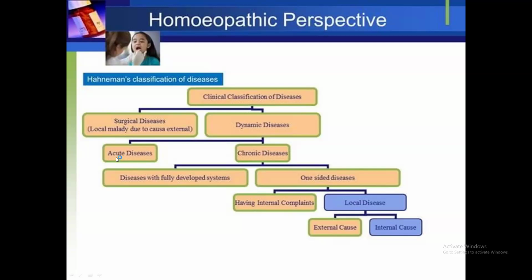Acute disease means sudden onset, rapid progress, and in the chronic disease, we have to again categorize it as disease with fully developed symptoms and one-sided diseases. One-sided diseases are again classified into those with external, internal complaints as well as local diseases. In the local diseases, they are again classified by external cause and internal cause.